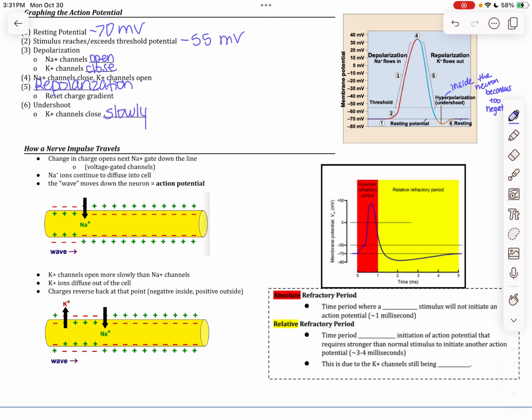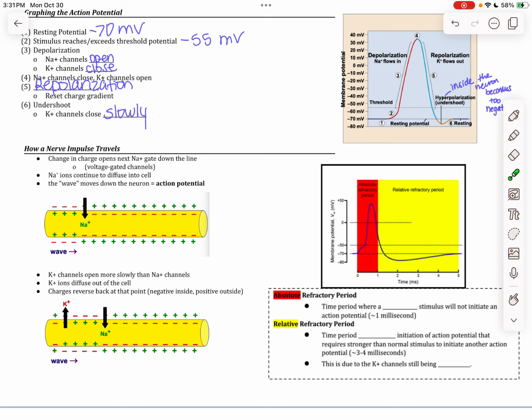Okay, so this picture right here is just rehashing what we just talked about. The change in charge opens the next sodium gate down the line, those voltage gated channels. The sodium ions continue to diffuse into the cell, causing depolarization, and the wave moves down the neuron.